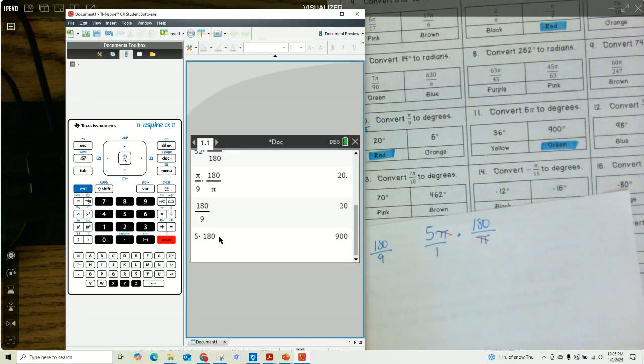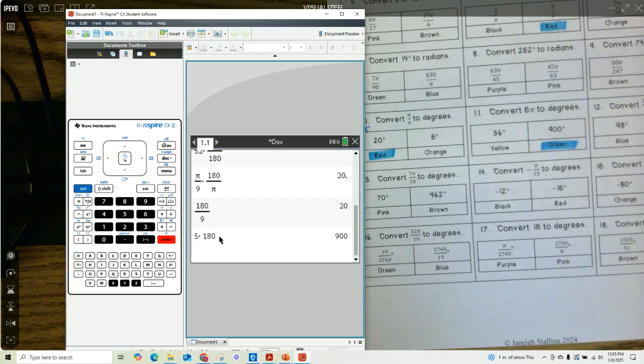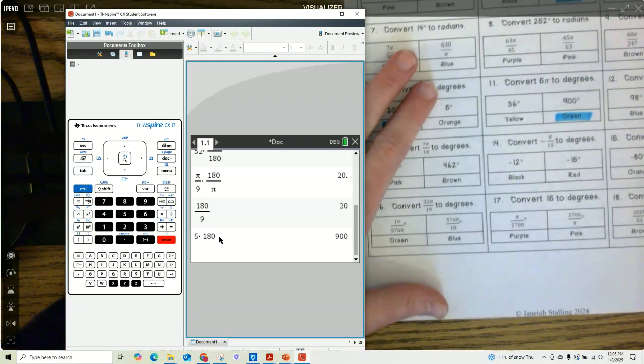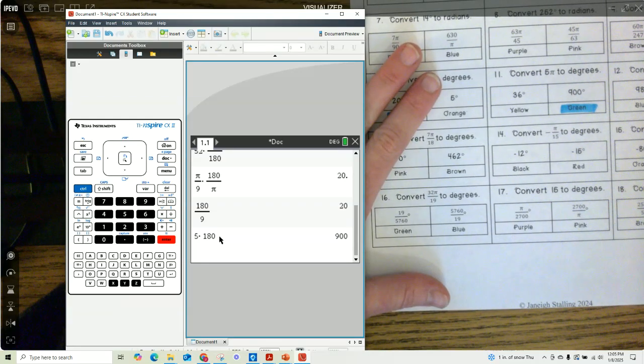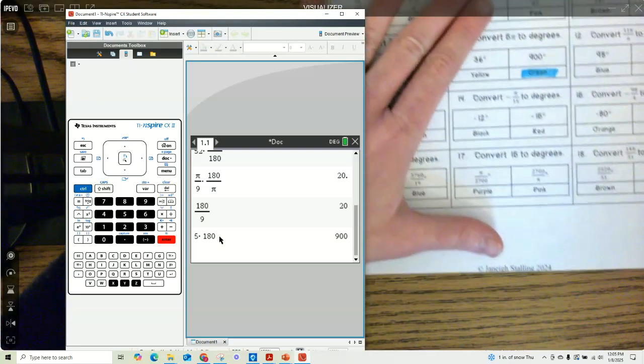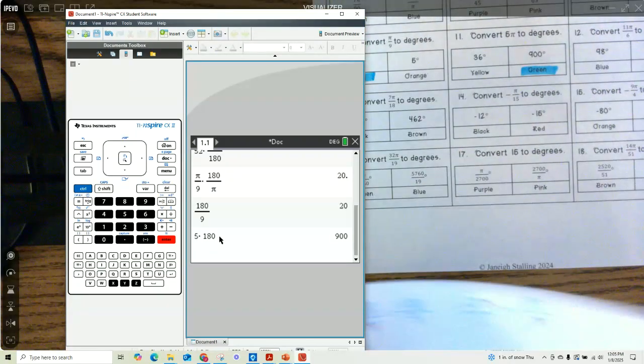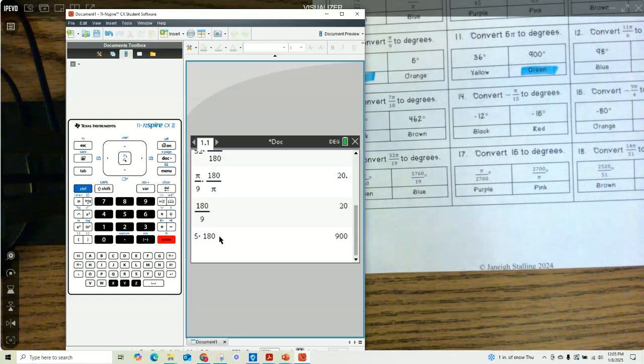And then let's see. Trying to pick which one I want to do. Let's do 17. Convert 15 to degrees.